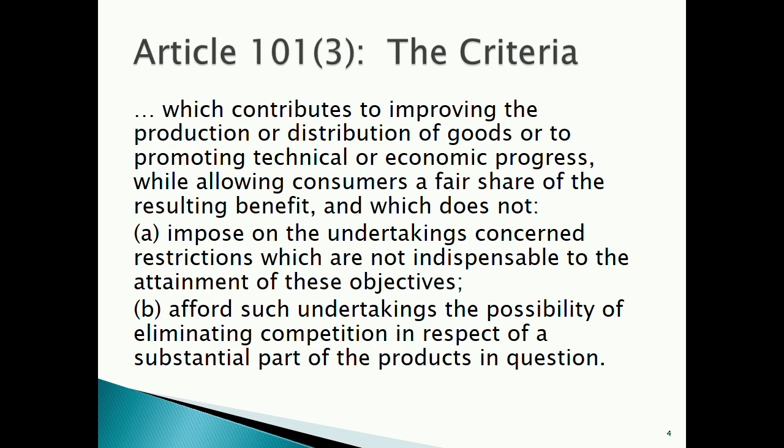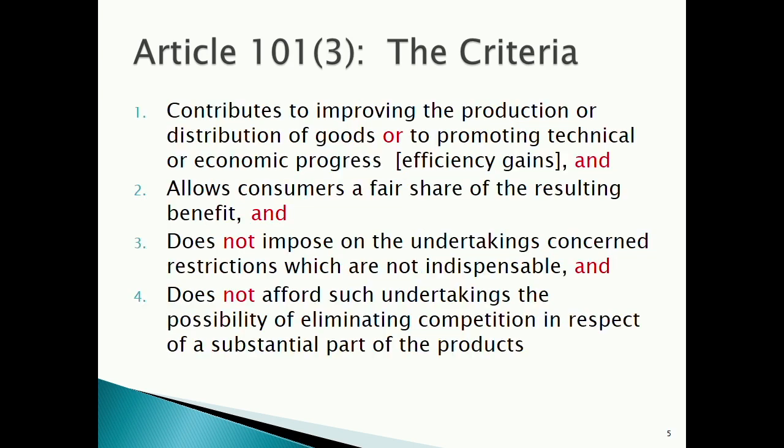Okay, so those are the criteria. First criterion, improving the production and distribution of goods, or technical or economic progress. So some efficiency gains, allows the consumers a fair share, does not impose indispensable restrictions, and does not afford the elimination of competition.